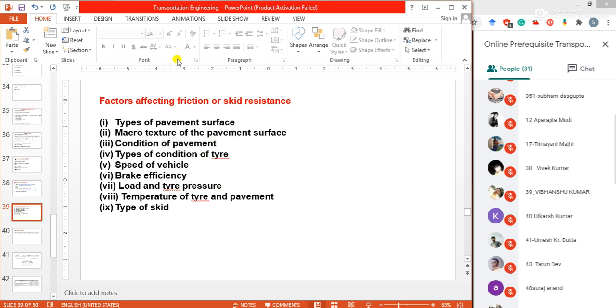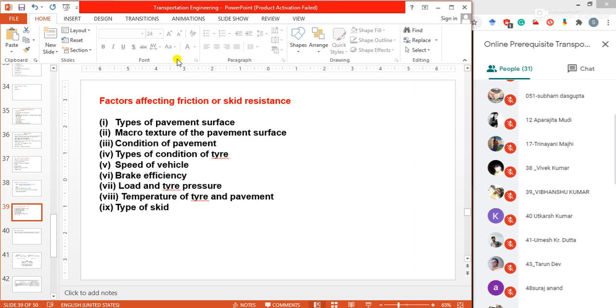Type of skid means whether your vehicle is skidding or not; it also affects the coefficient of friction or skid resistance. The type of aggregate used and the mix design of the pavement surface course affect the skid resistance of the pavements, particularly in the case of old or worn out pavements.